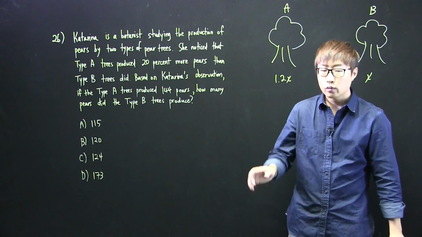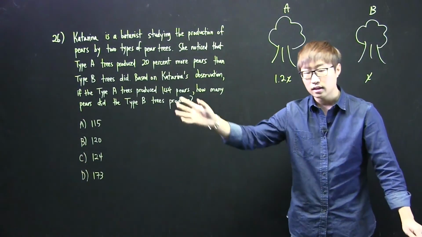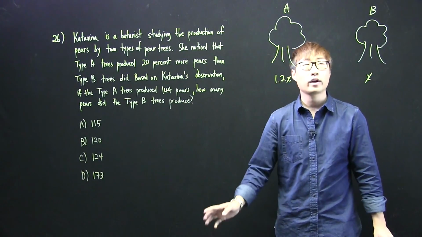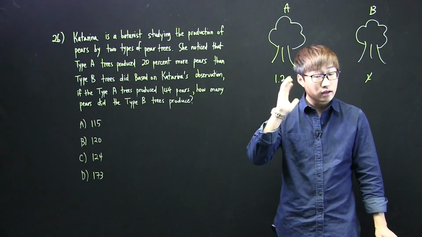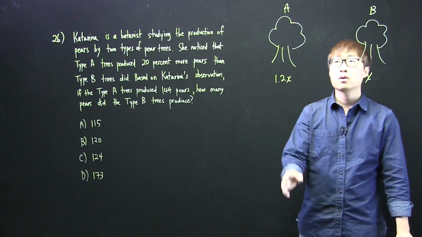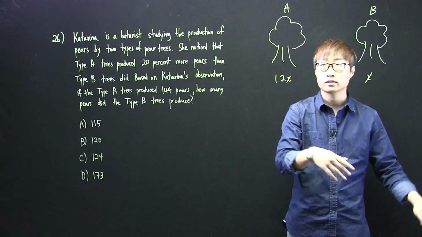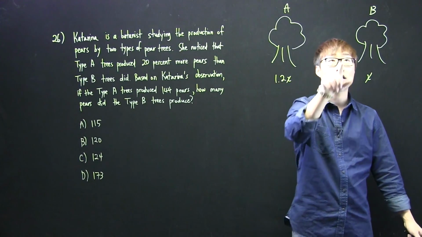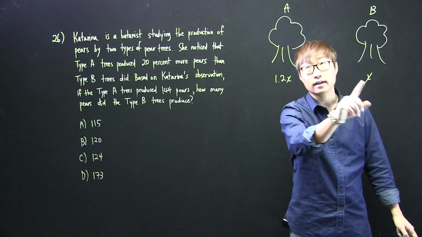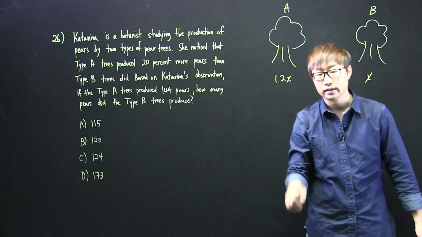Does that make sense? We went over this percentage thing in the other problem before. I talked about how you can think of that as a shopping discount. So 20% more just means 120% of the other one. So A was 120% of B. So I said B as X and A as 1.2X, okay?